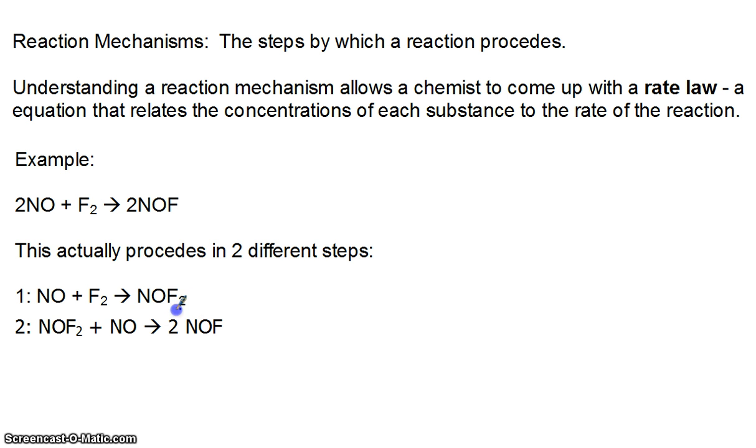Then this NOF2 molecule can go on to collide with another NO molecule to make our final product. If we add the 2 steps together, we get the overall reaction, but that overall is never actually happening. Again, that NOF2 is called an intermediate.